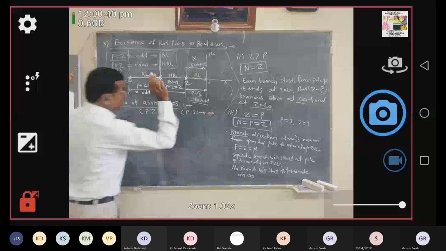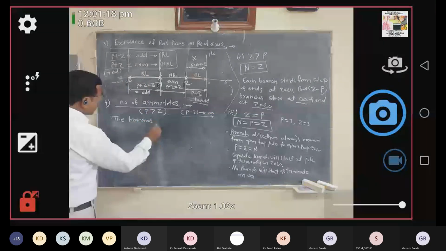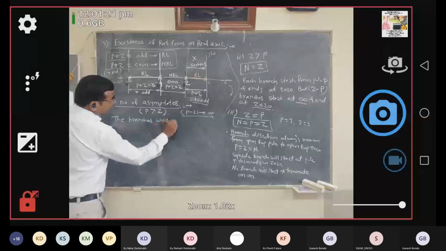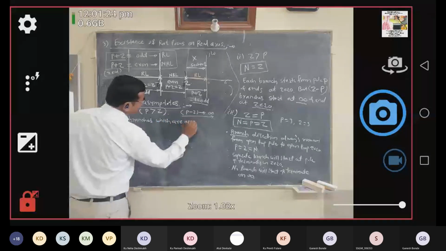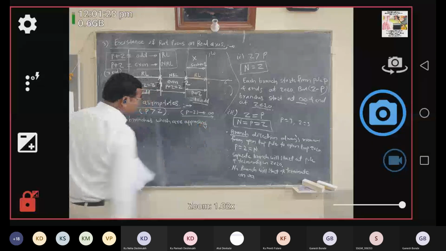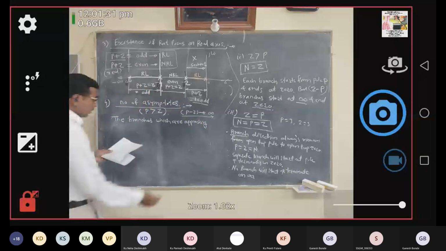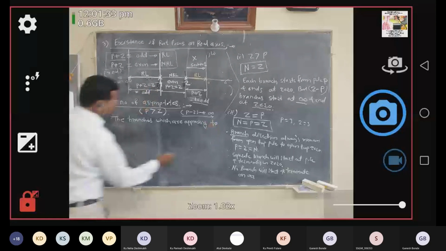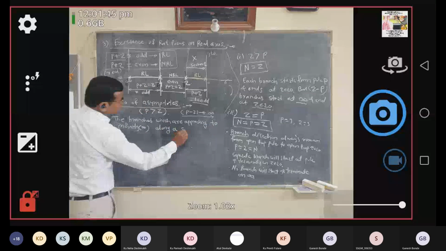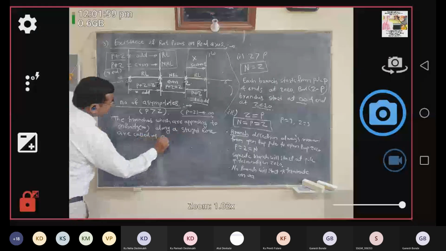The branches which are approaching to infinity along a straight line are called as asymptotes.